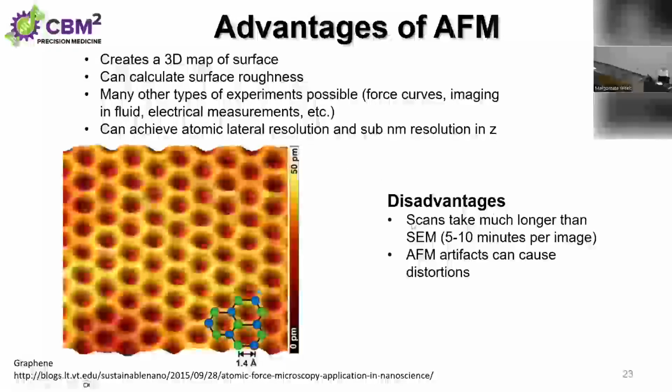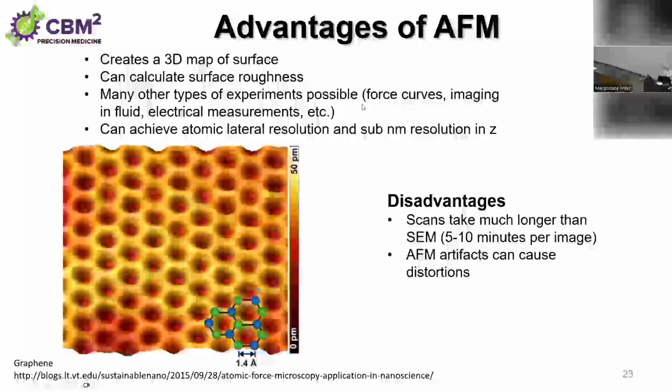The challenges with AFM are that the scans take much longer than SEM, and there are tip artifacts, but looking at molecular structure is actually quite intriguing using AFM. So you can 3D map a surface and calculate surface roughness.